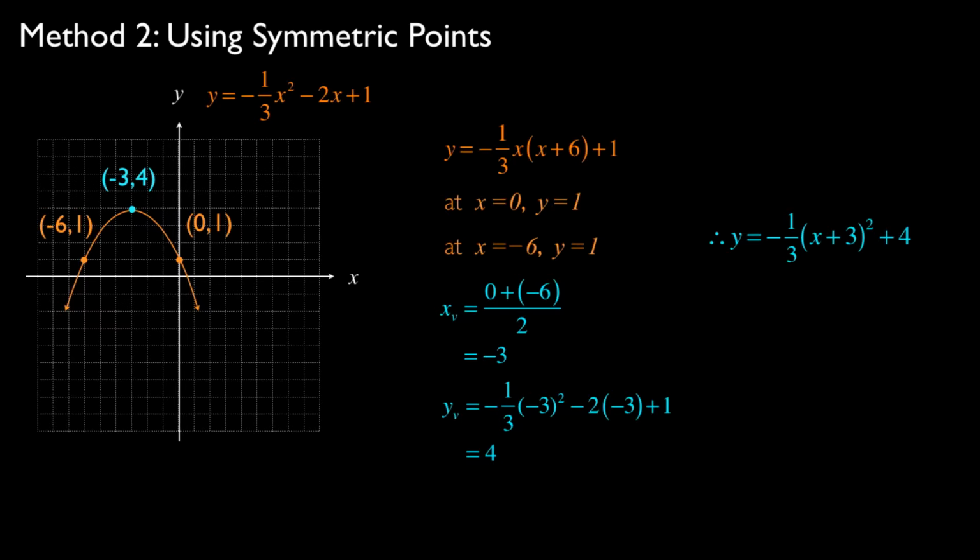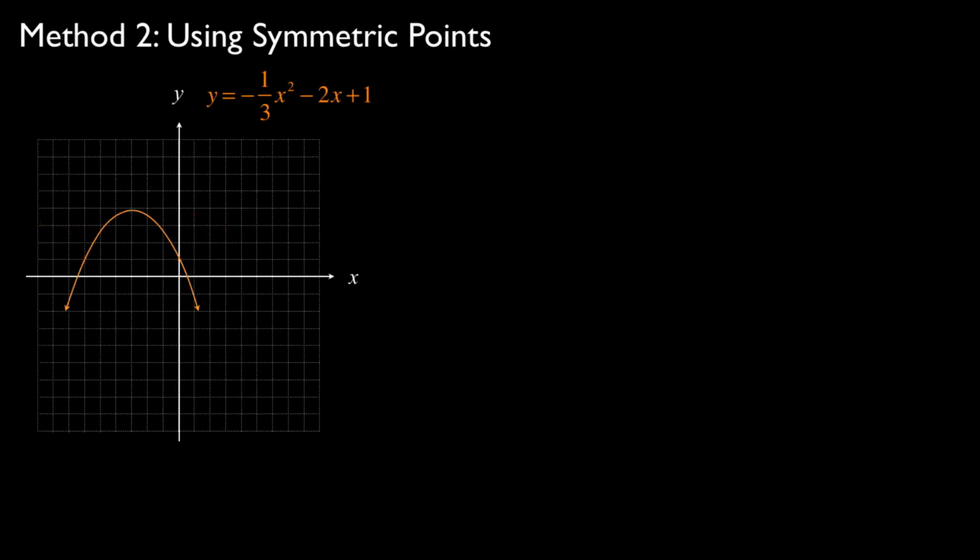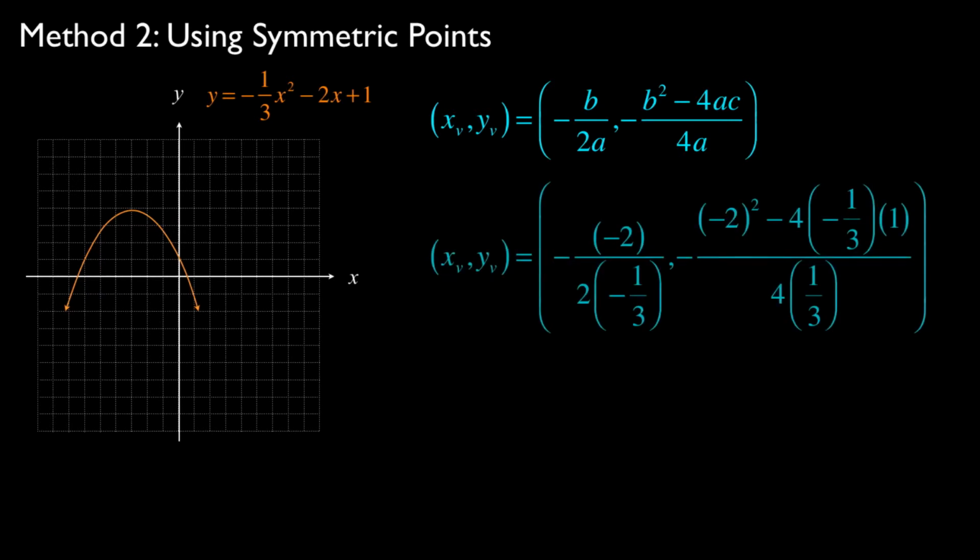Now, it's interesting to look at the formula approach to this one, simply because it's a little bit heavier to work with. This makes an argument for doing it the way we just did it. So watch what I do here. Substituting in negative 1/3 for a, negative 2 for b, and positive 1 for c, I get this fairly full expression.